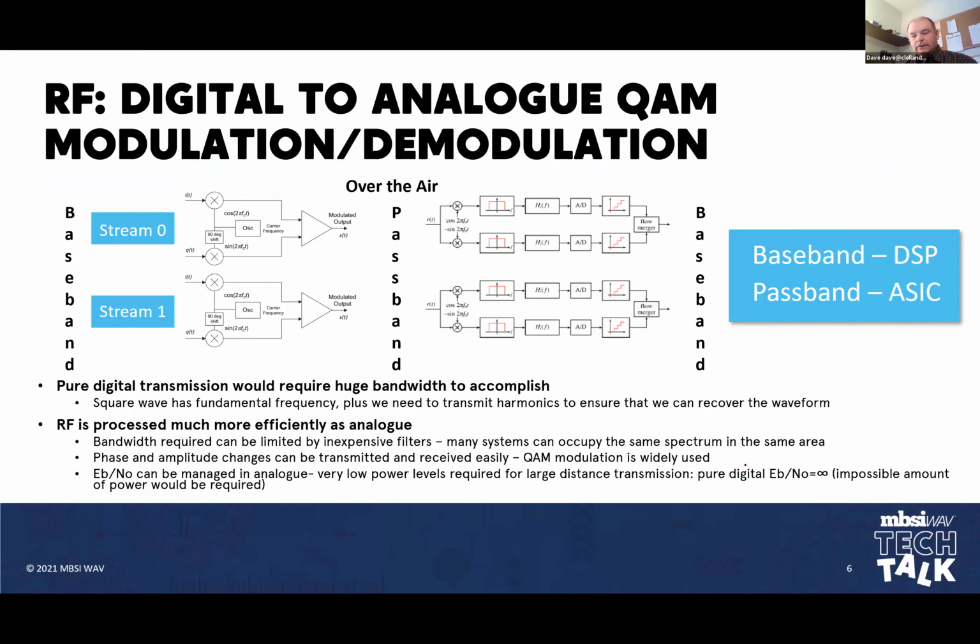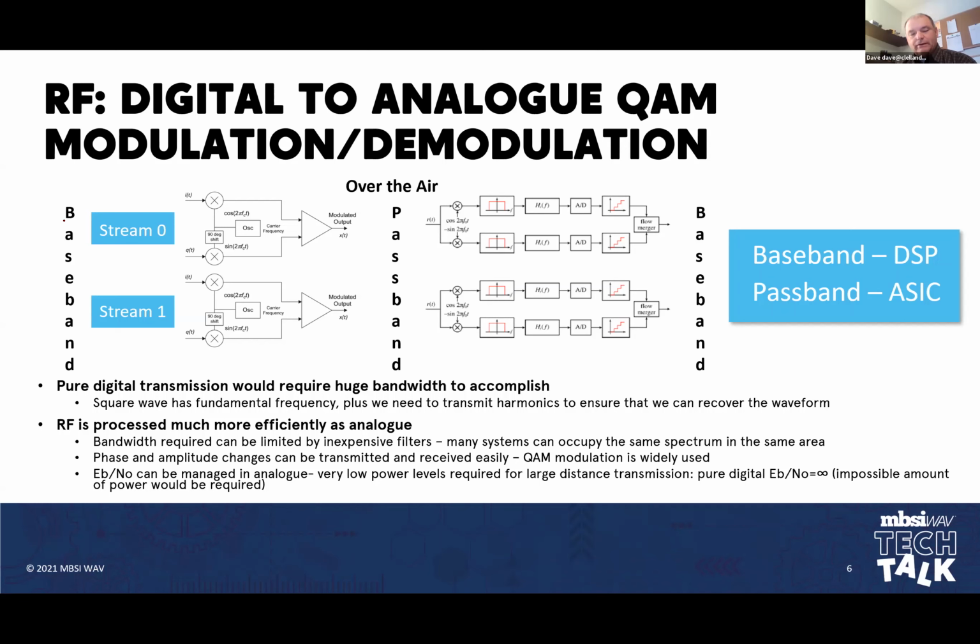What's next? Well, now let's talk about radio. In radio, lo and behold, we have exactly the same situation. We have a baseband, which is digital. We have a modulation conversion, and then we amplify it and send it out to an antenna. It's called passband at that point.